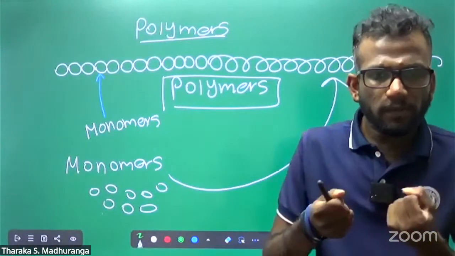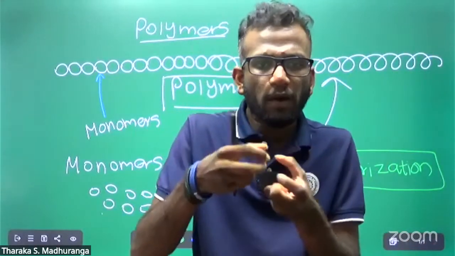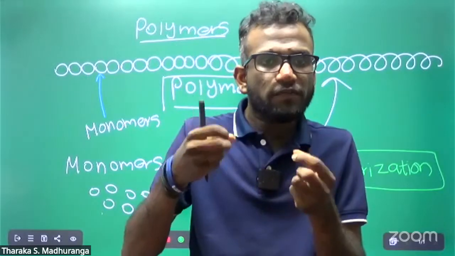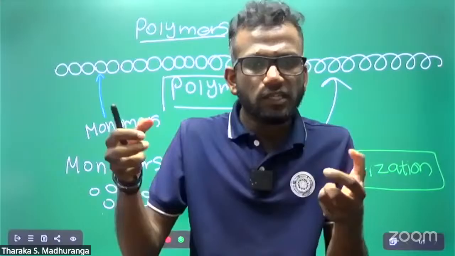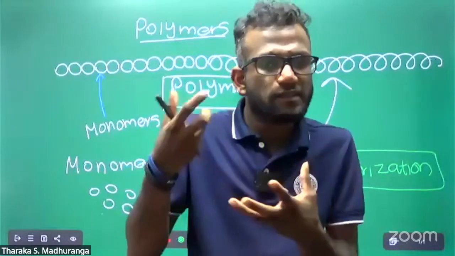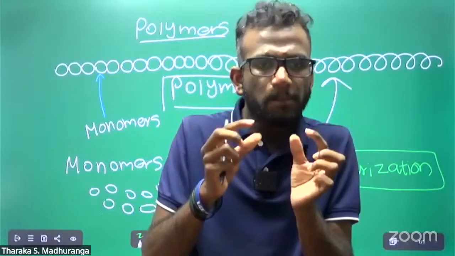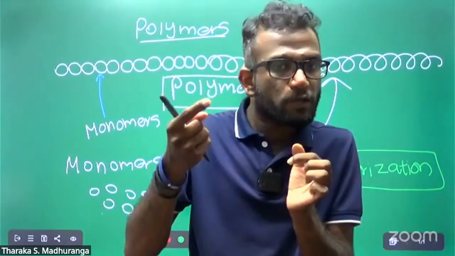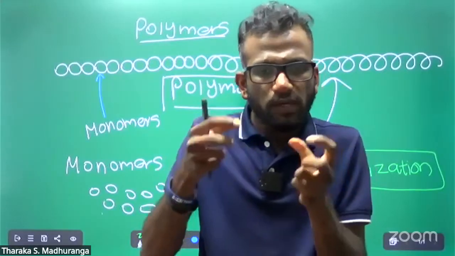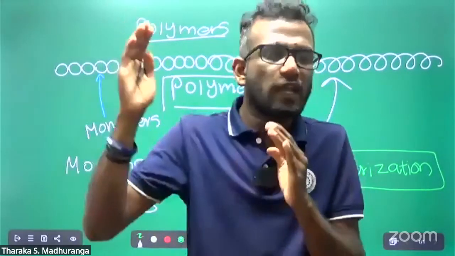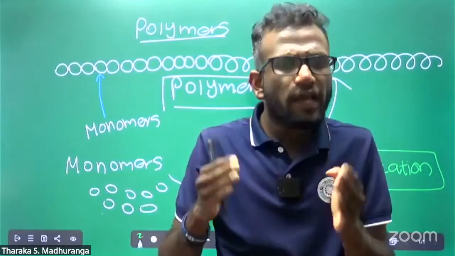Polymers mean a large number of small compounds combining with each other into large scale complex structures. The simple molecules needed to produce polymers we call monomers. Then monomers combine with each other to produce polymers, and the production process we call polymerization.